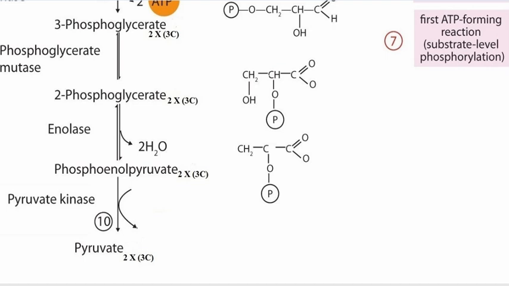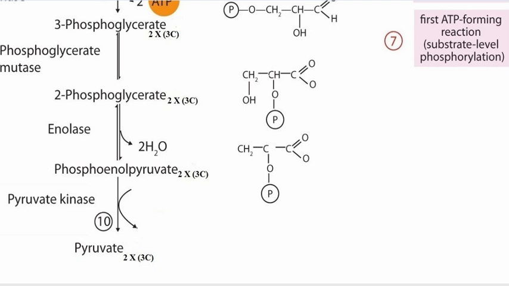So my dear friends, phosphoenol pyruvate was made up of 3 carbon. Now it has been converted into another 3-carbon molecule, and that is pyruvate. The enzyme is pyruvate kinase.